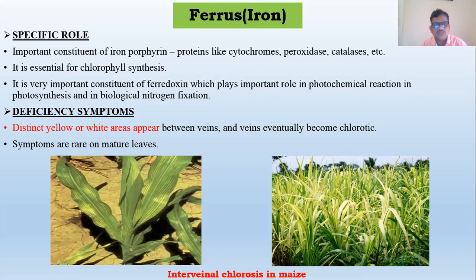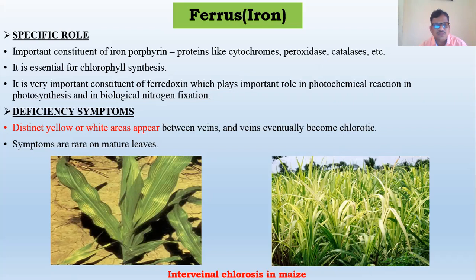Iron is essential for chlorophyll synthesis. Chlorophyll synthesis is one of the important aspects of food formation, which is an important process of all green plants. So it is an important element because it is required in chlorophyll synthesis.